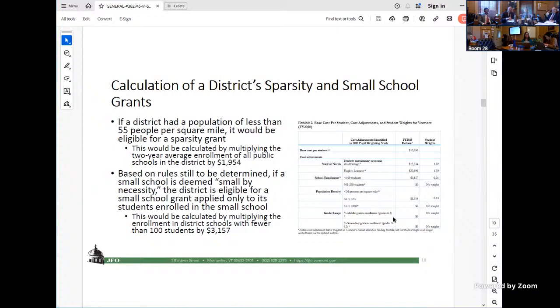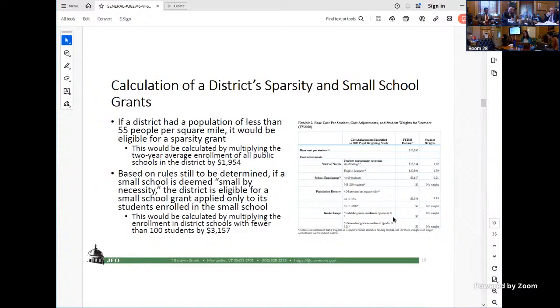Because if I can avoid it, I don't want to speak to somebody else's work. That being said, the way the modeling works is it controls for all of the factors and then looks at what are the statistically significant cost adjustments. Sparsity was determined to be a necessary cost adjustment, as were small schools.